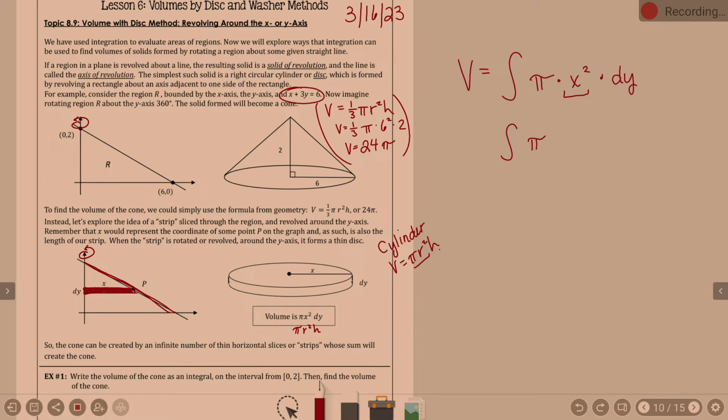So that means in this case, if it's x plus 3y equals 6, then when I solve that for x, x is going to be 6 minus 3y. So right here, where I had x, that's actually going to be 6 minus 3y quantity squared dy.